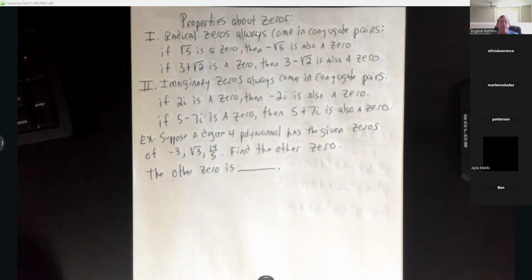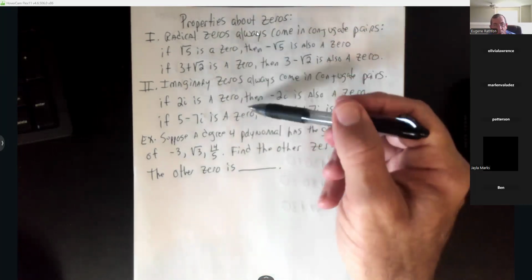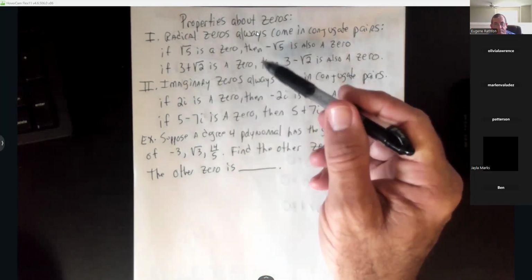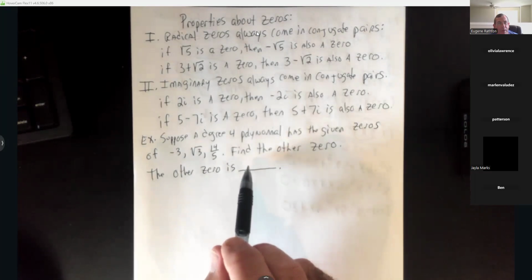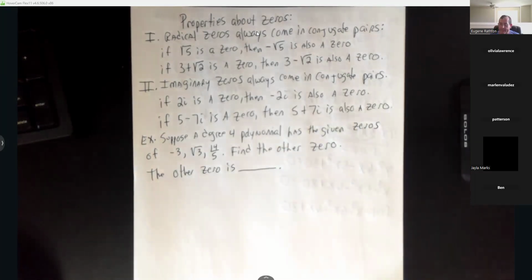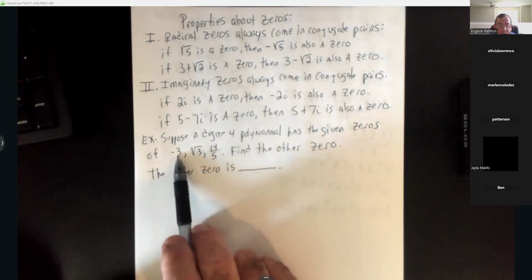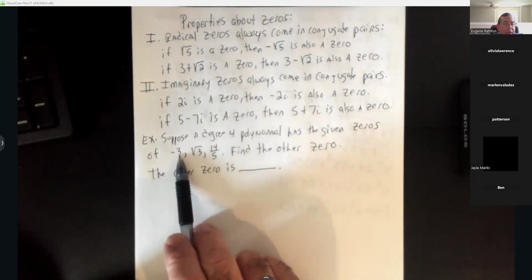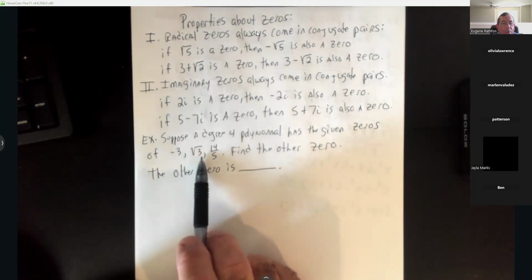So the other zero is blank. So using what we just learned here, what would the other zero be here? All right, so you're going to go through this. We didn't say nothing about negative numbers, but look, here's a radical, a square root of 3.